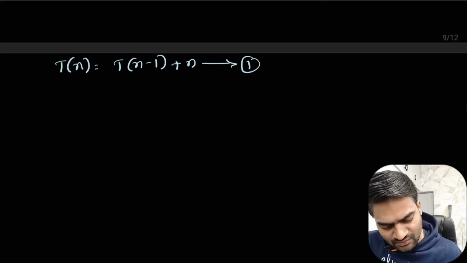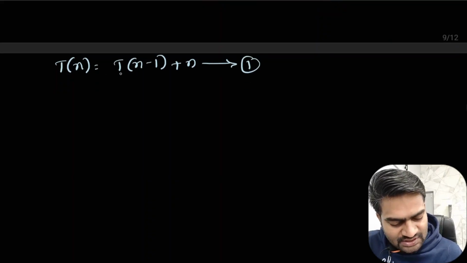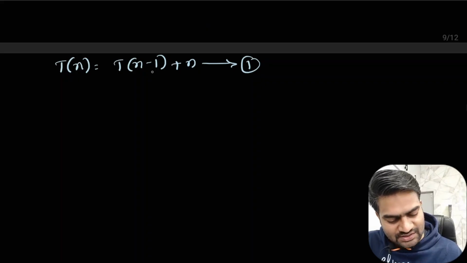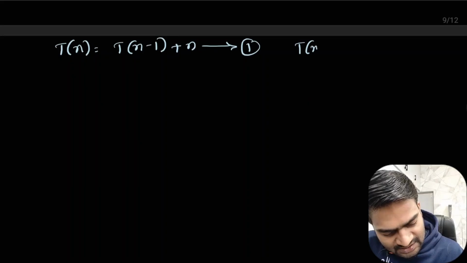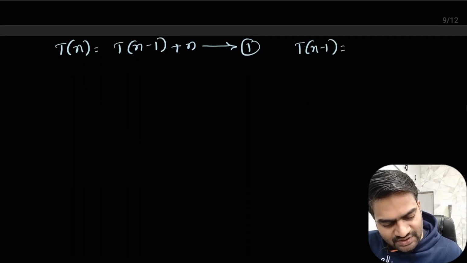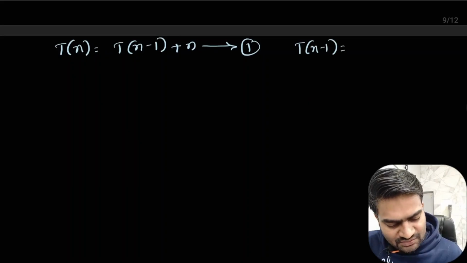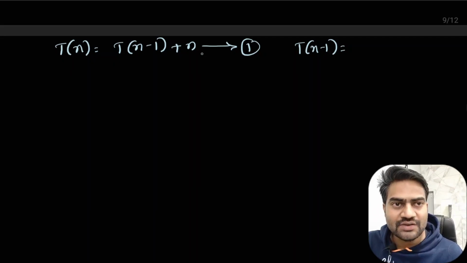Now we can compute t of n if we know t of n minus 1. So how to compute t of n minus 1? Wherever we have n in our equation 1, we will substitute n minus 1.